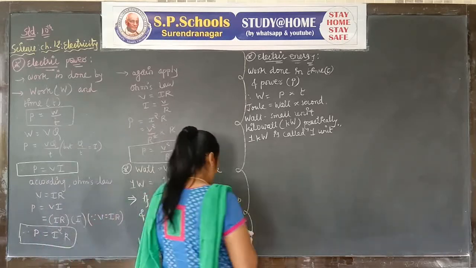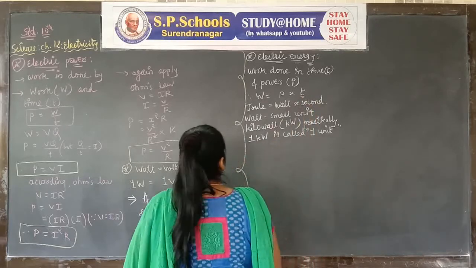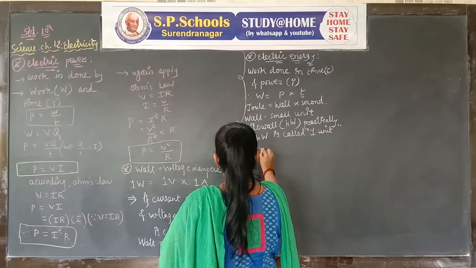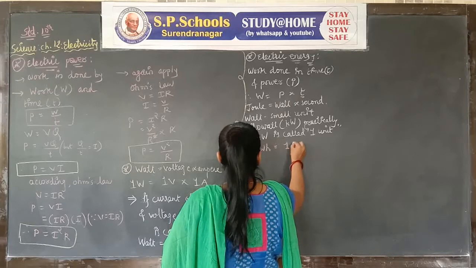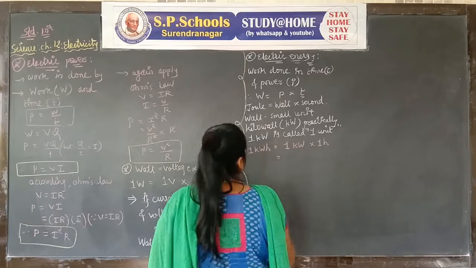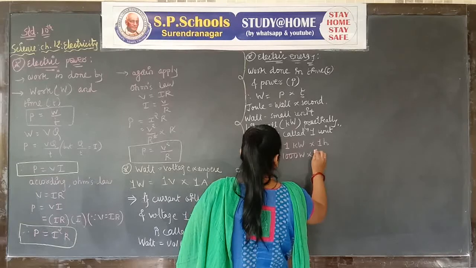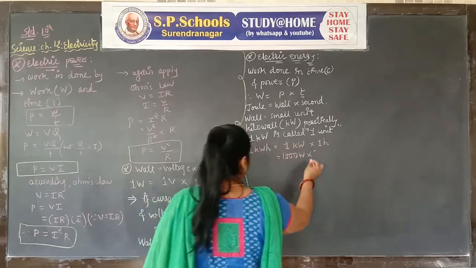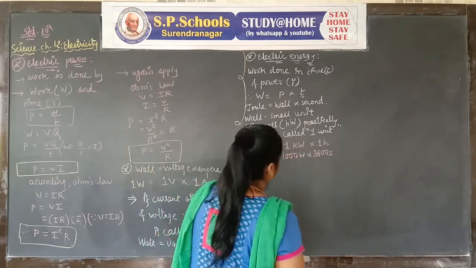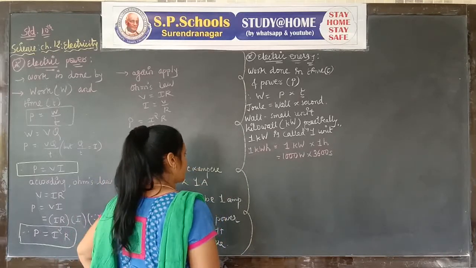It is measured over time t, so it depends on time t. So 1 kilowatt hour is equal to 1 kilowatt into 1 hour. 1 kilowatt is 1000 watt, and here 1 hour, when we convert 1 hour into seconds, is 3600 seconds.